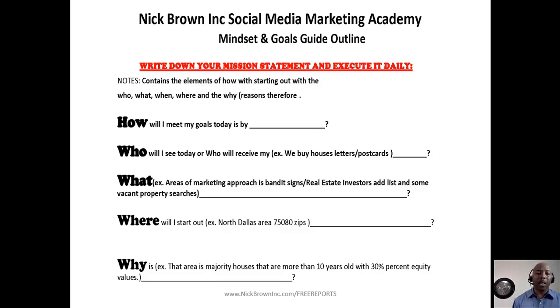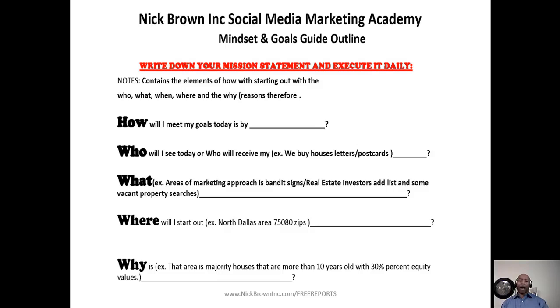So how will I meet my goals today is by. So let's say for example, you guys are new wholesale. You want to become a wholesale investor. Okay, so we're just going to go by this sample here. So how will I meet my goals today by is you write down the first thought. You may want to start getting more leads from, as they call, drive-bys.